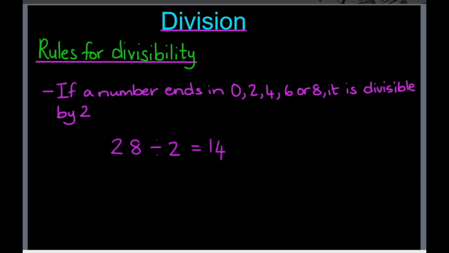However, if I divide 27 by 2, I'm going to end up with 13.5. This means that 27 is not divisible by 2.